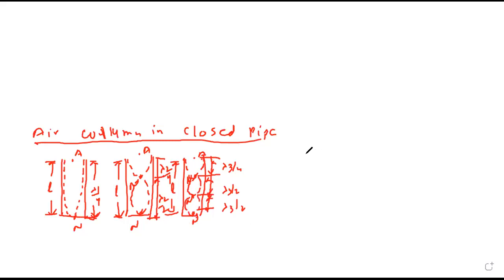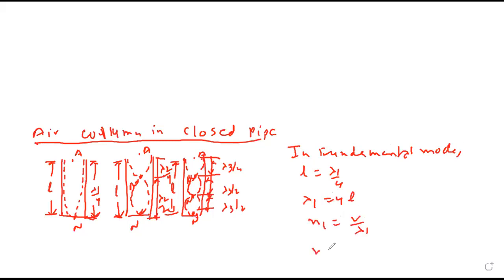Just draw this diagram. In fundamental mode, vibrating length L is lambda 1 by 4. So lambda 1 is 4L, N1 is V by lambda 1, V by 4L. This is the formula for fundamental frequency in closed pipe.